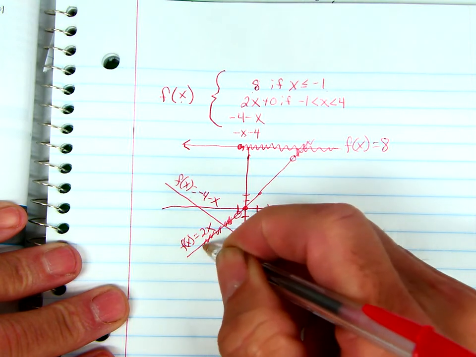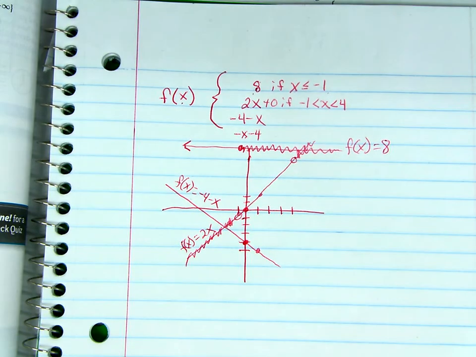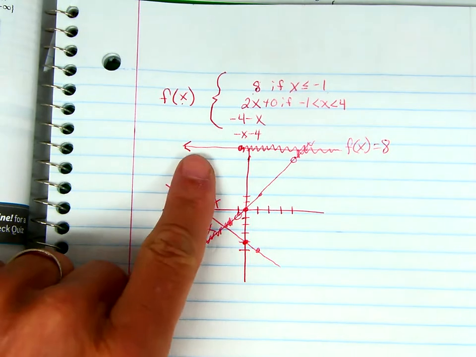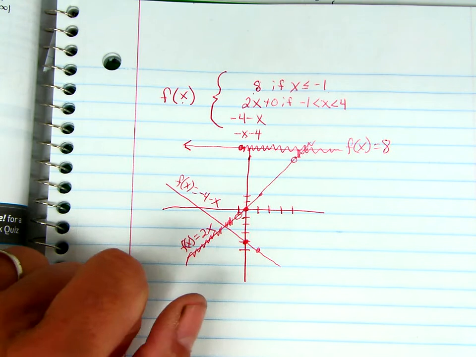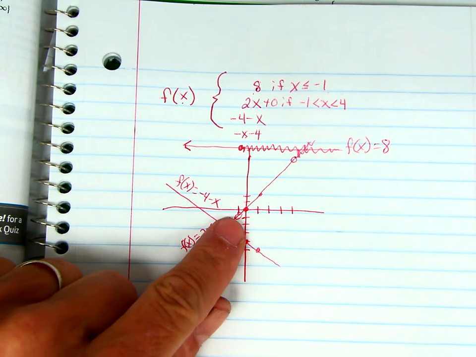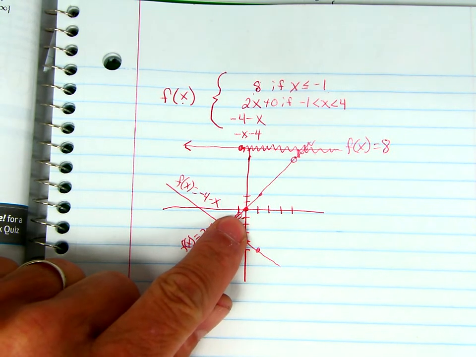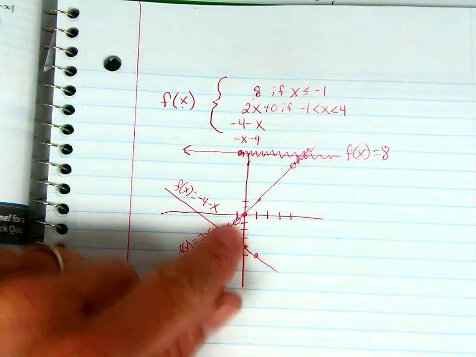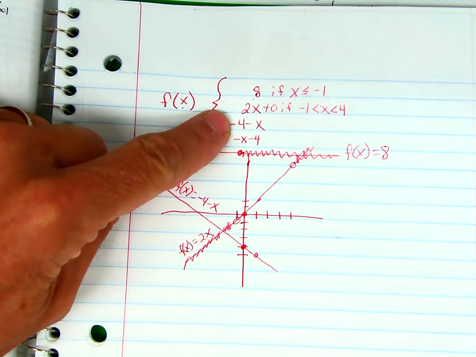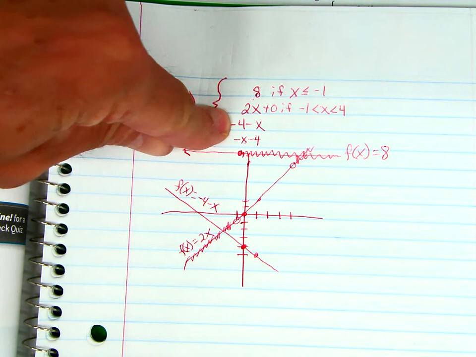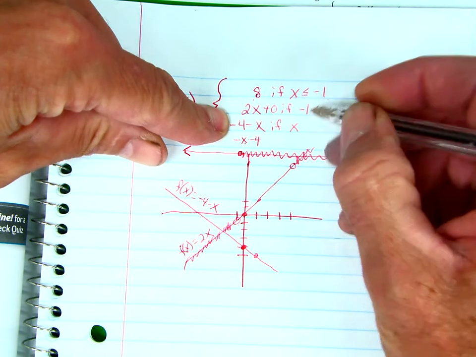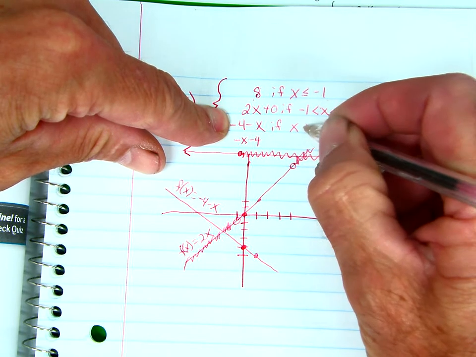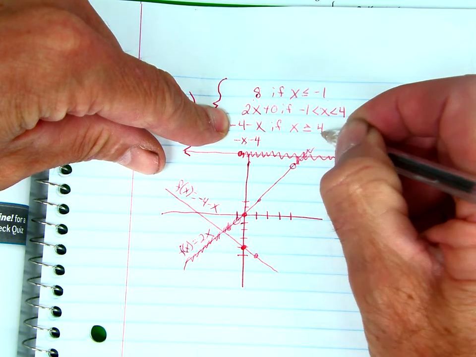So here we go. So now we got this ray here, and we got this open-ended line segment. And we only have one more restriction to place, and that's on the last function. If x is greater than or equal to 4.